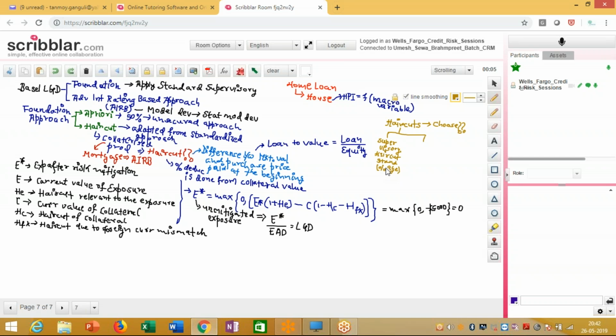The next part is that, apart from choosing the supervisory figures, you can also choose the haircut as per internal standards. There are internal standards for choosing this haircut approach.